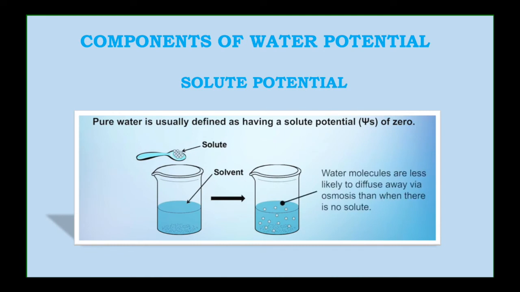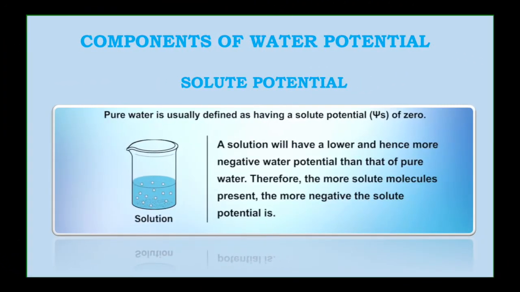Pure water is usually defined as having a solute potential of 0. Where a solute is dissolved in water, water molecules are less likely to diffuse away via osmosis than when there is no solute. A solution will have a lower and hence more negative water potential than that of pure water. Therefore, the more solute molecules present, the more negative the solute potential is.